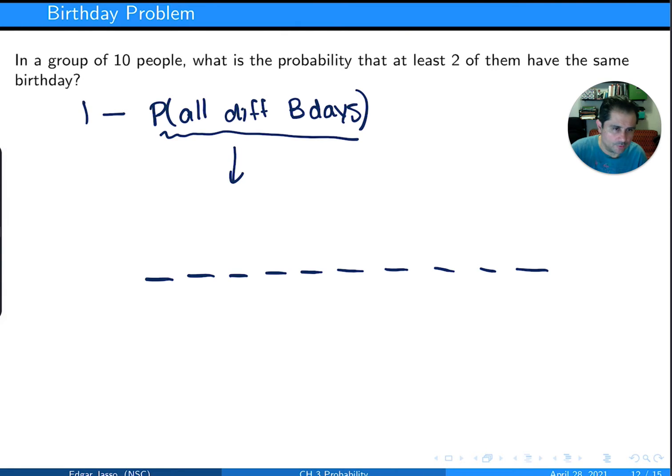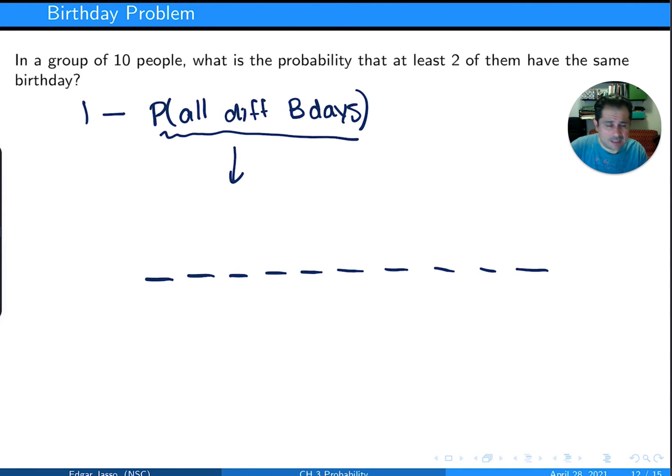That might not be true for different reasons, but let's assume that it is. So if it's equally likely for anybody to have his birthday on any day, then what I'm trying to count is how many ways I can fill 10 spots with 10 different days of the calendar. That's all I'm saying.